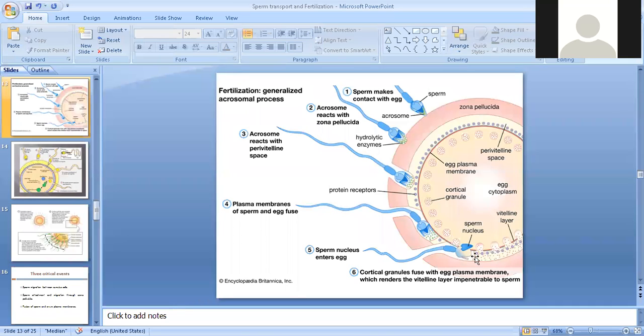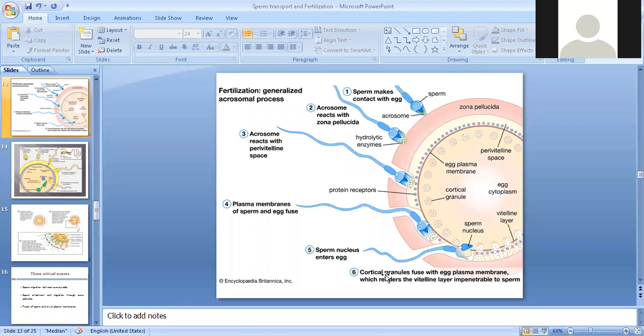And this perivitelline space fluid becomes thickened, which does not allow this sperm body to enter inside the ovum, and just this sperm nucleus gains the entry inside, and the sperm nucleus gets transported towards the female pronuclei, and the two pronuclei combine further.